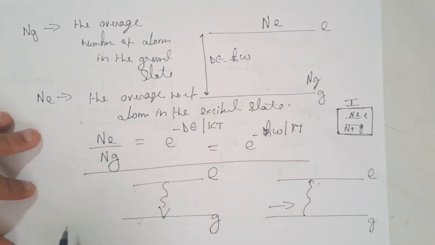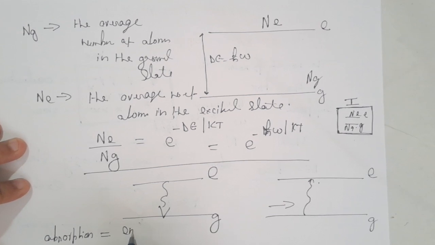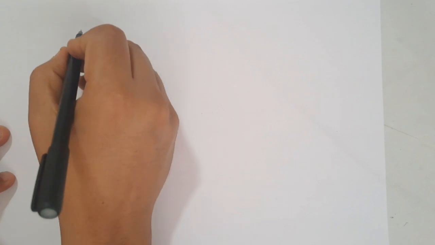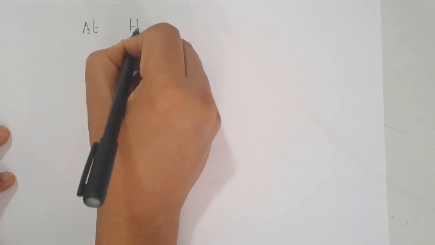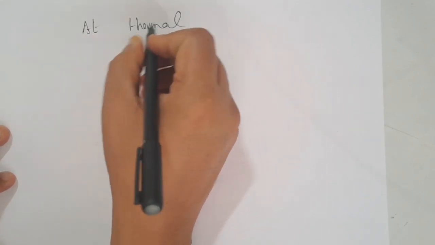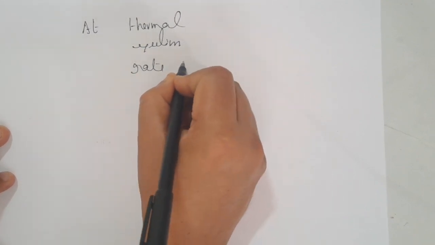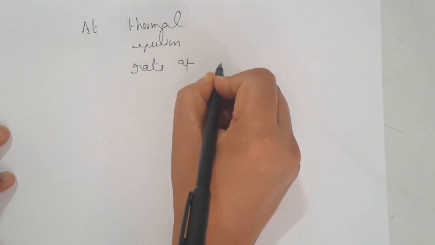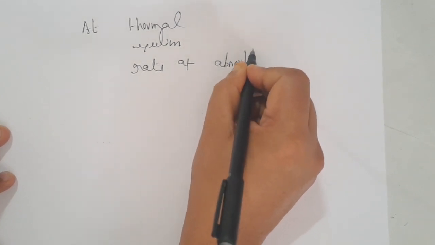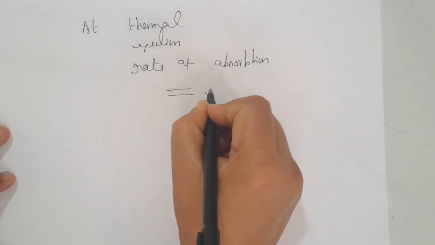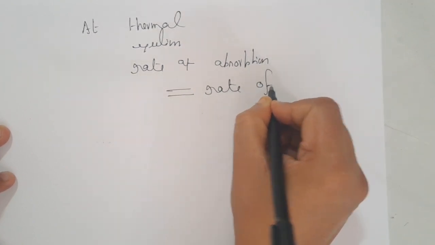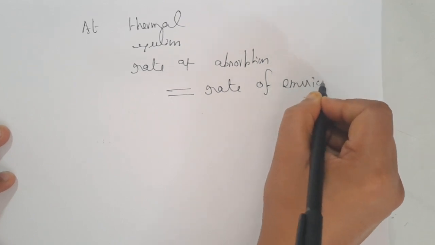In equilibrium, absorption must be equal to emission. So at thermal equilibrium, the rate of absorption is equal to the rate of emission.